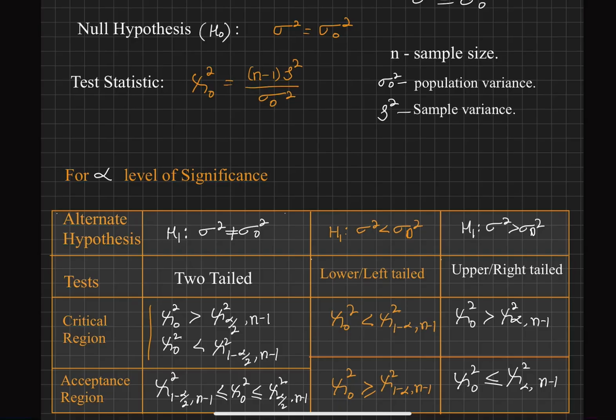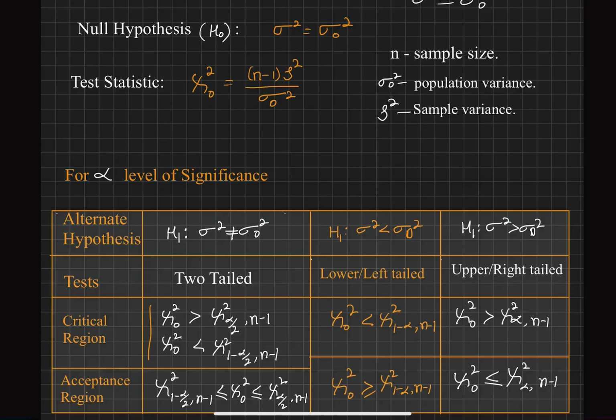First case we have is sigma square not equal to sigma naught square. Here, as sigma square not equal to sigma naught square, both cases of sigma square less than sigma naught square and sigma square greater than sigma naught square will be a possible rejection for null hypothesis.